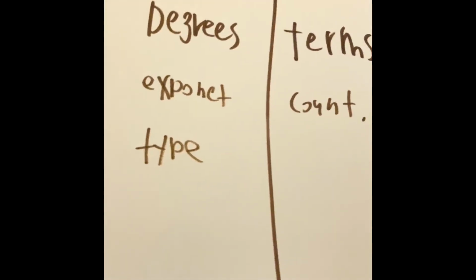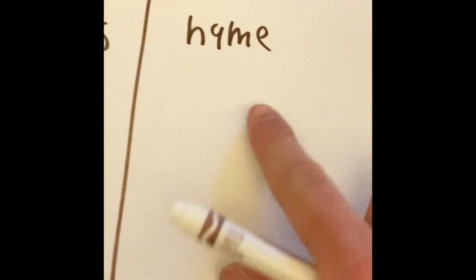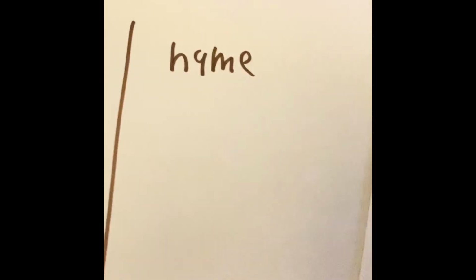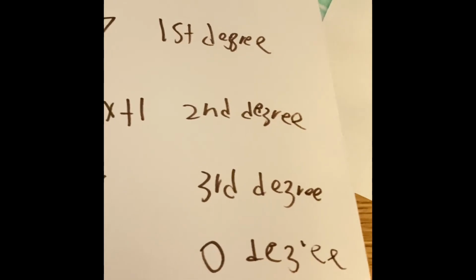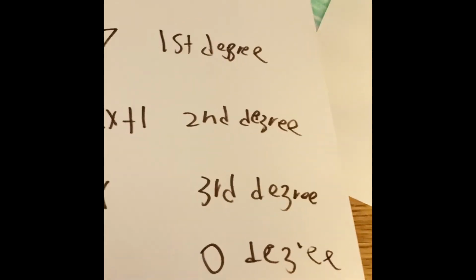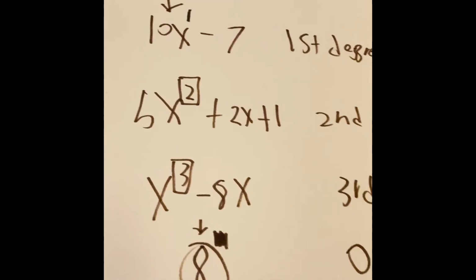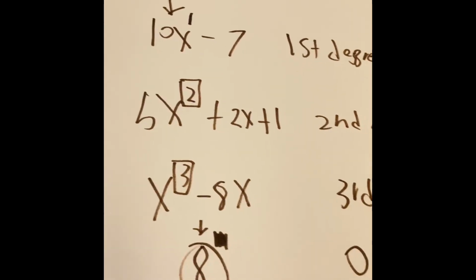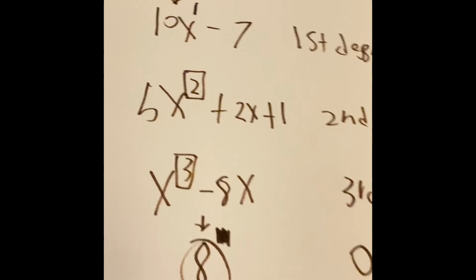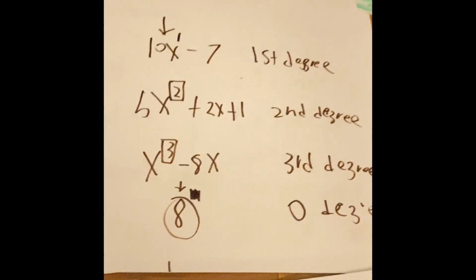Now, last, we actually get to name the kind of polynomials. So when naming them, when you learned about first degree, second degree, third degree, and 0 degree, you actually get to name them depending on what kind of exponent you're using. So we can also name them as well. Here's an example.